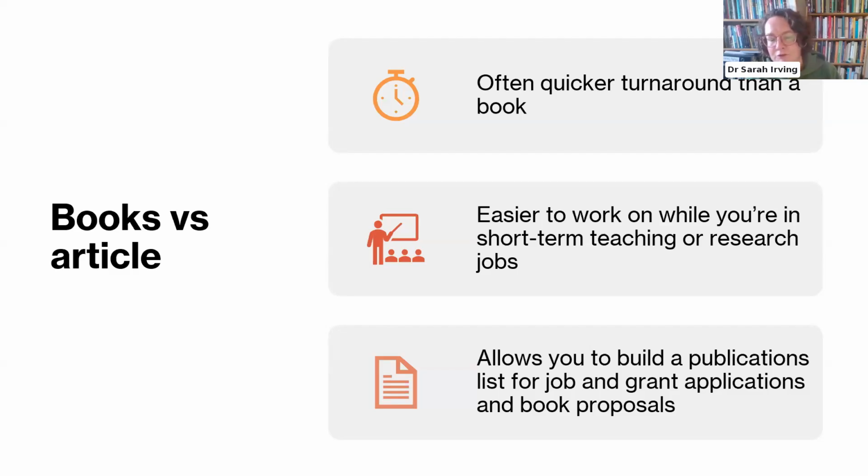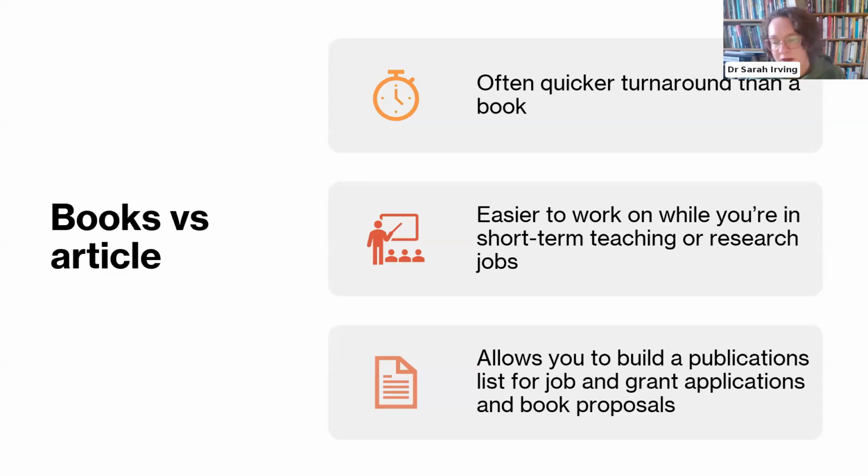The advantages of doing this using articles is that these will often give you a much quicker turnaround than a book. If you are going through the British or American academic publishing process, between sending your proposal to the publisher and the time when your book actually comes out, you might well be looking at at least 2 years.